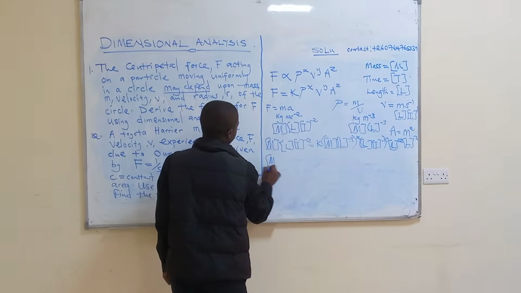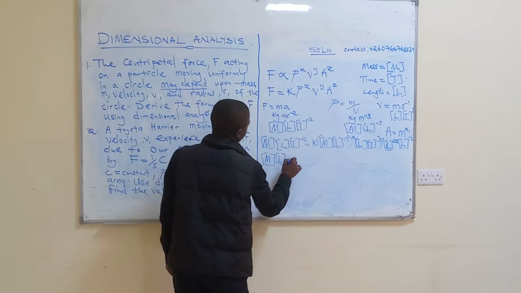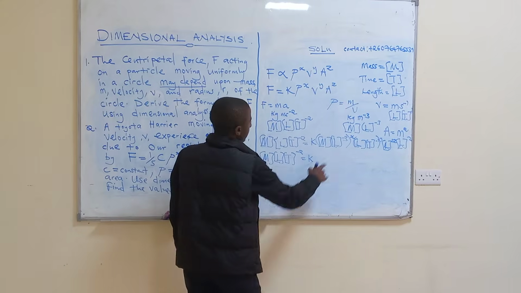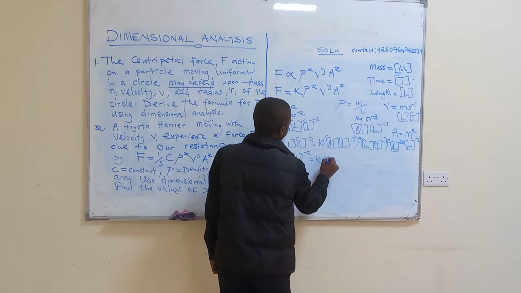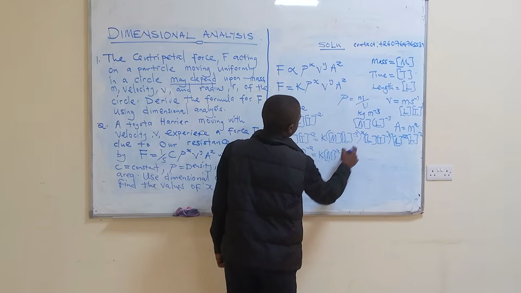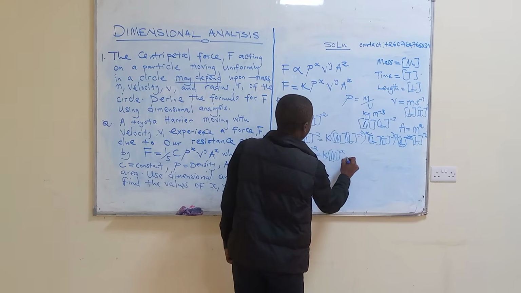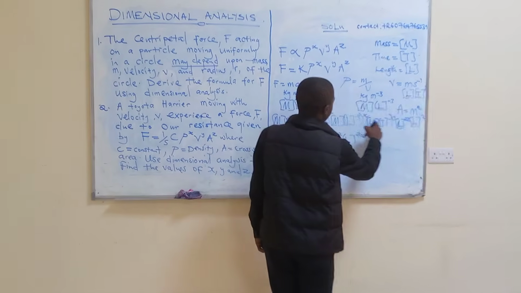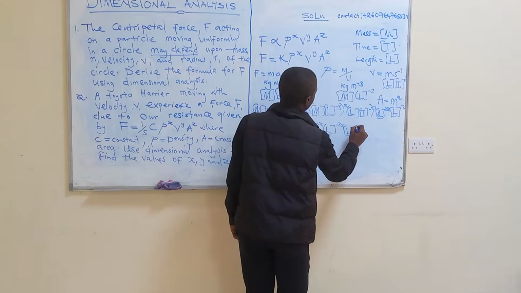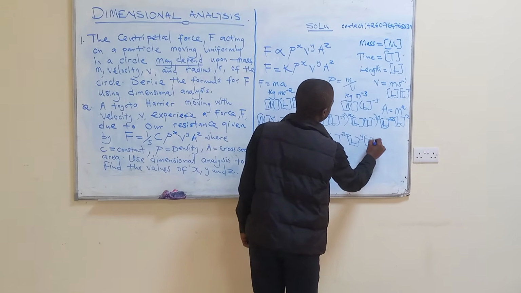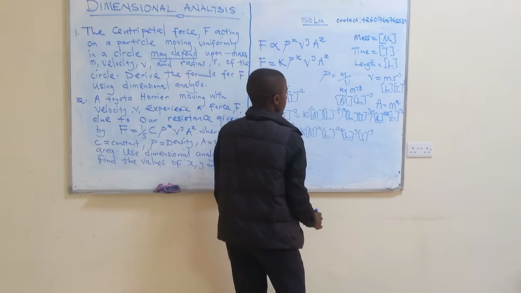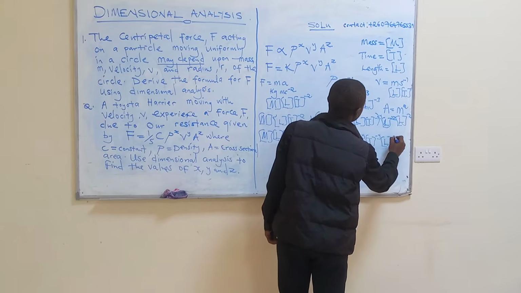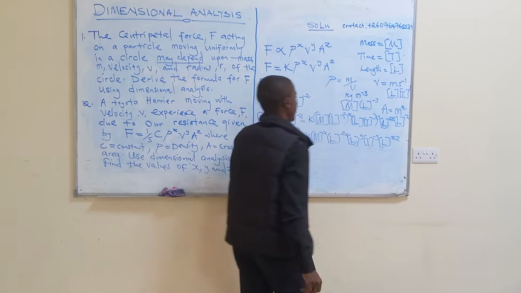So that is M L T^-2 is equal to constant times M^x times L^-3x times L^y, T^-y, times L^2z.